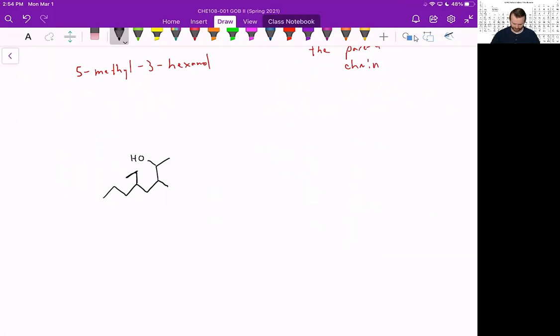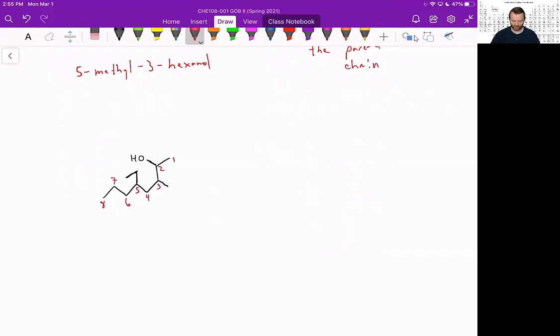So here, we're going to start numbering closest to the end where the hydroxyl group is, the OH group. That's the priority to minimize. 1, 2, 3, 4, 5. I made a fork in the road at carbon 5, but there's more carbon if I keep going to the left. 6, 7, 8.